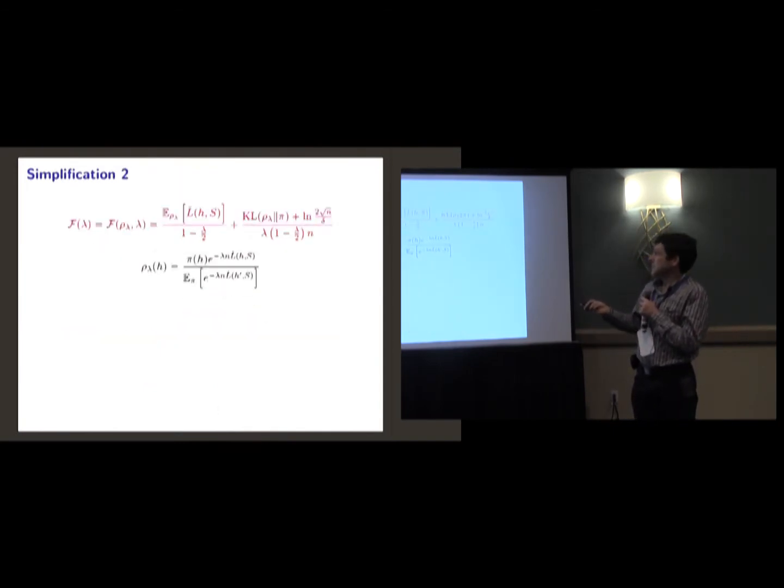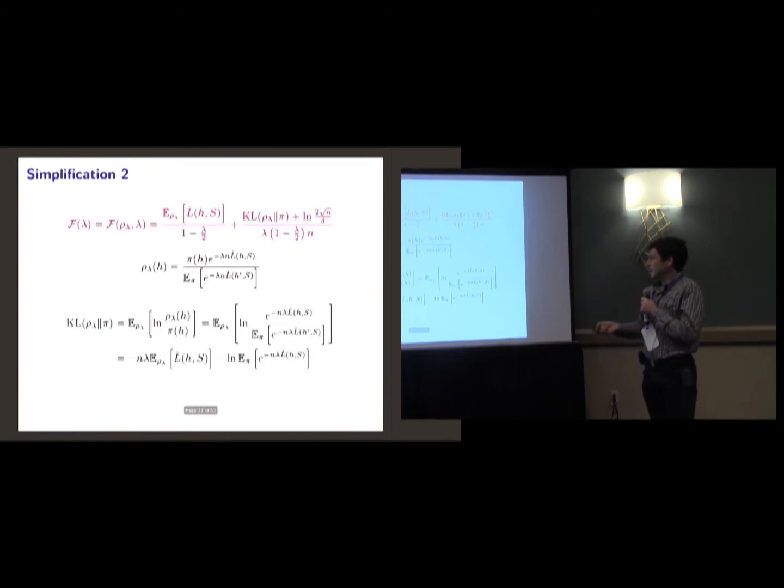Now the second step. We have this one-dimensional function, f of lambda, that looks like that. We have the posterior distribution, and now we are looking at the KL term. The KL divergence is the expectation with respect to rho lambda of the log ratio between rho lambda and pi. The pi cancels out, so we get this expectation. Now we separate: the denominator gives minus n lambda times the expectation of the empirical loss, and the other term gives the logarithm of the expectation with respect to pi of the exponent.